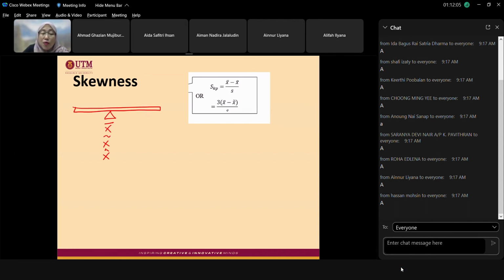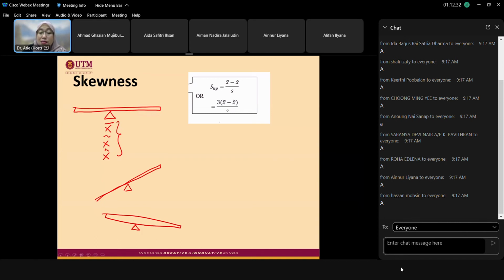But if one of these measurements is no longer at the center, we are going to have a problem in terms of balance, all right? So it will be called skewed. It can be this way, so it's skewed, or it can be this way.